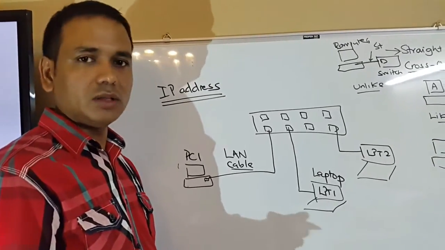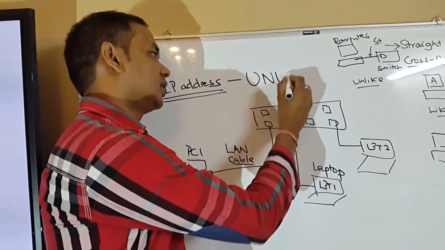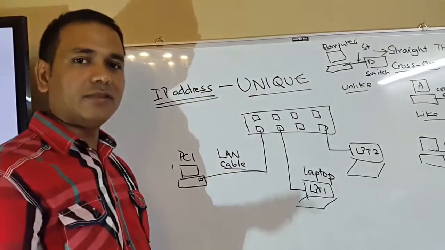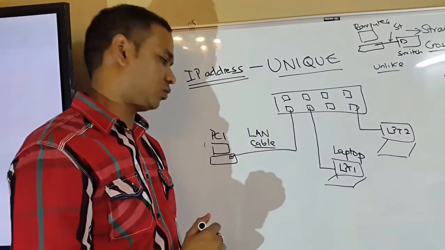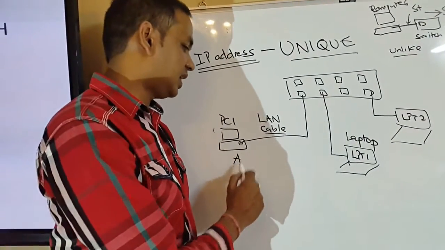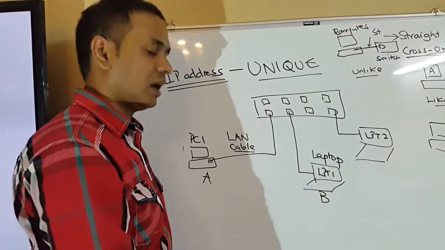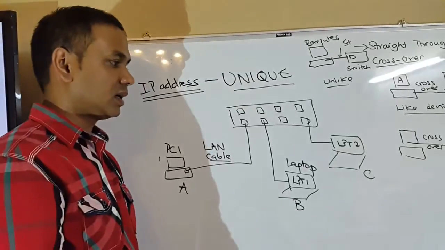And an IP address is always unique. You can't have two devices on a network having the same IP address. For example, if this device has IP address A, this device can't have IP address A. It will have IP address B. This device will have IP address C.